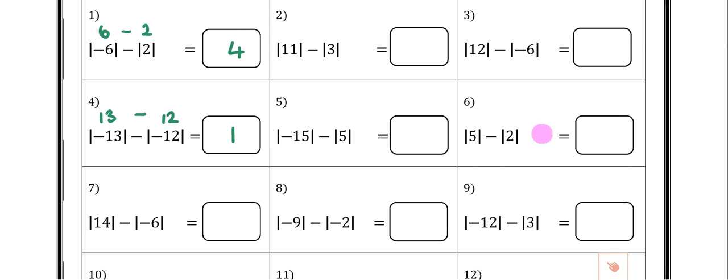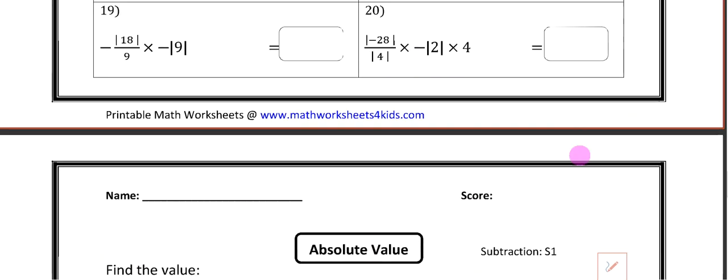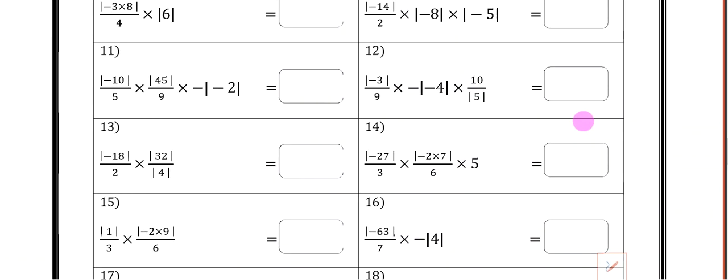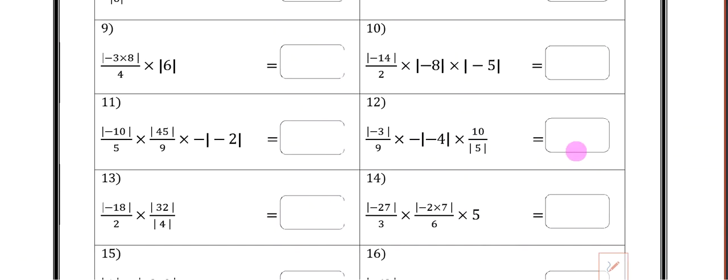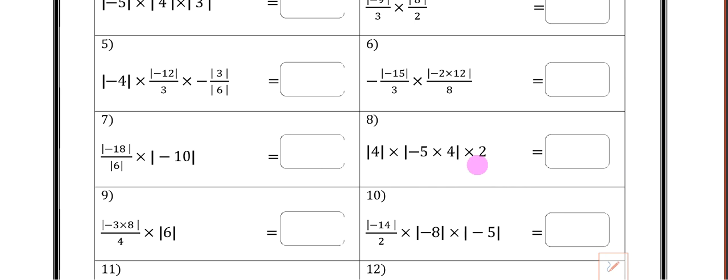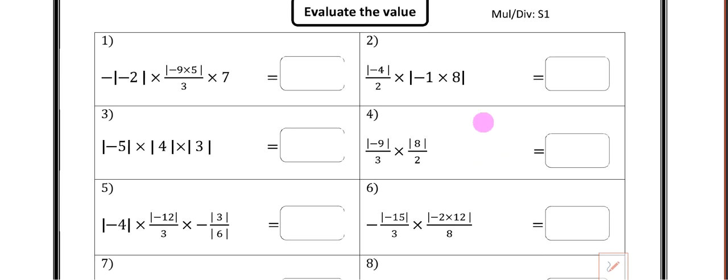Now, I'm sure at this stage you might be thinking, okay, well, what about these harder ones? Well, let's look at this one, number 1. You all on this sheet with me now?